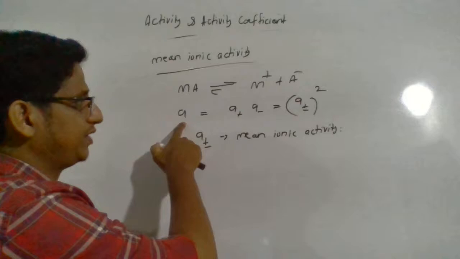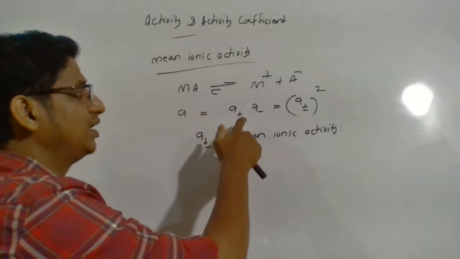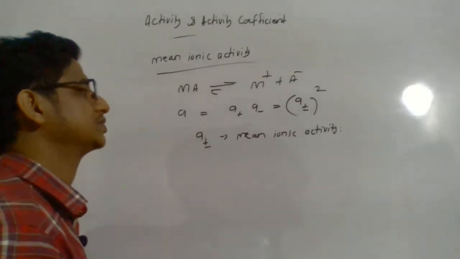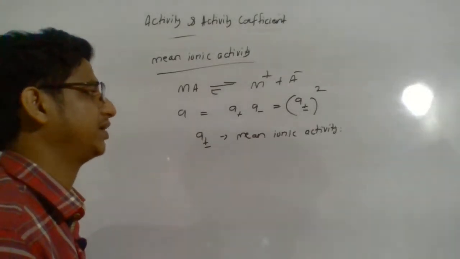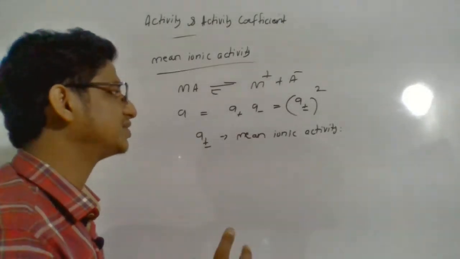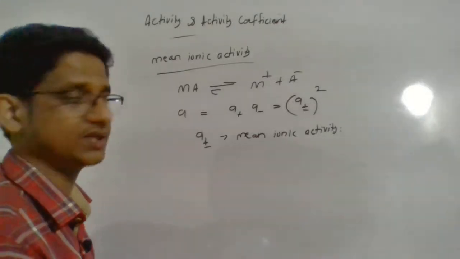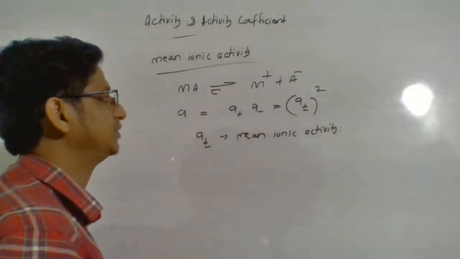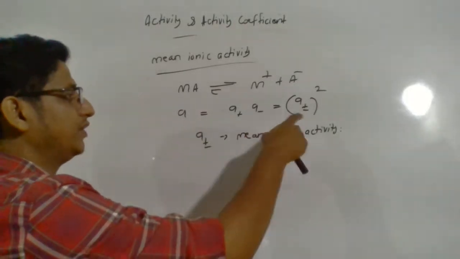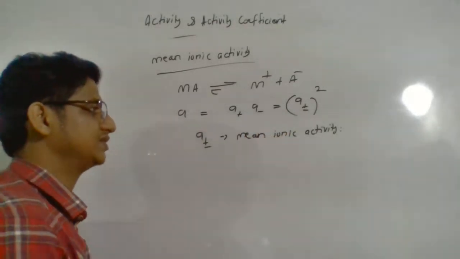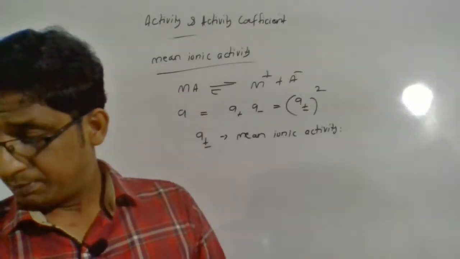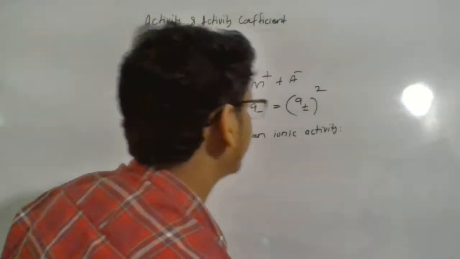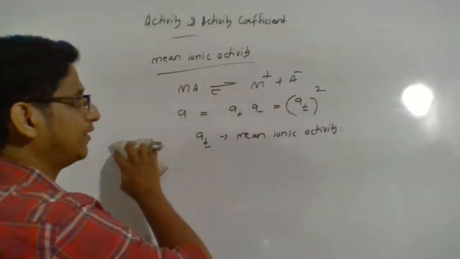Now we are saying that the product of activity of cations and anions, a plus into a minus, we can say a square, where plus or minus is also there. So a plus or minus whole square, where a plus or minus we say is the mean ionic activity.